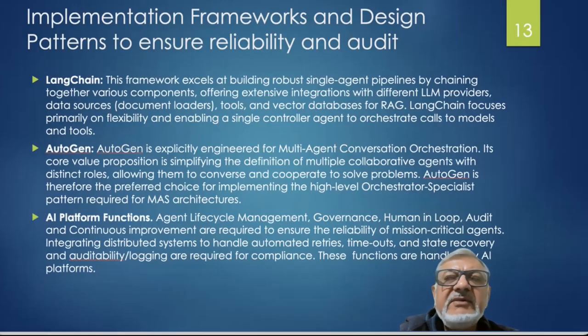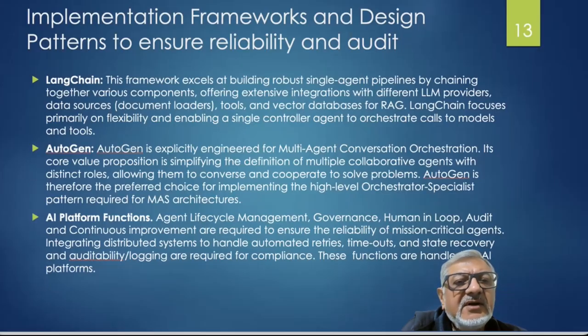As we see, AI platforms are managing a lot of other features like agent lifecycle management, governance, human in loop, audit, and continuous improvement. There are mission critical systems which are integrated with various distributed systems, storages, and tools in an enterprise.